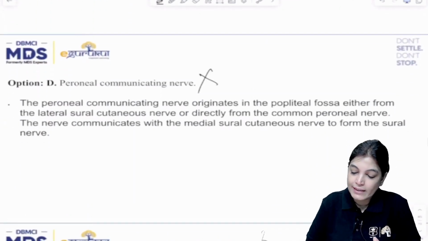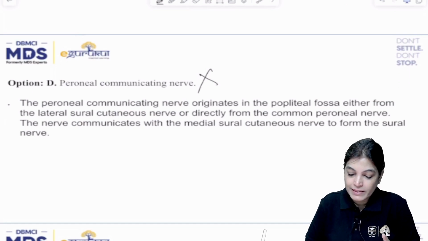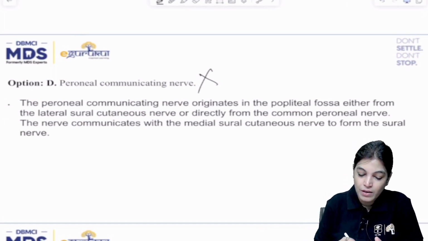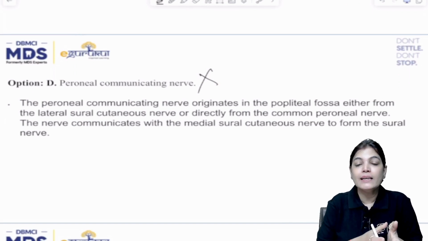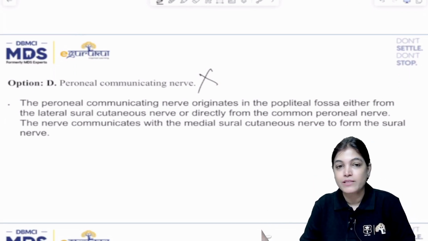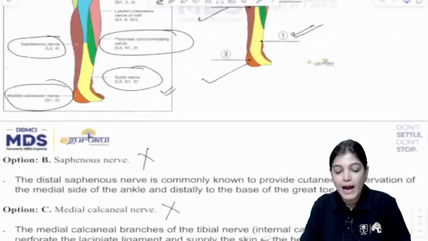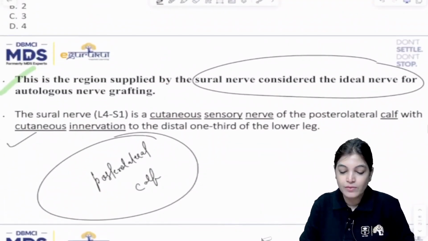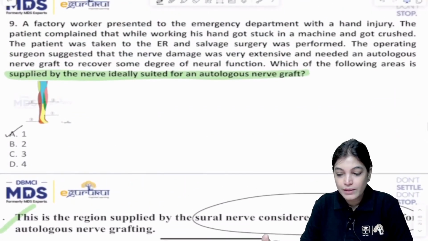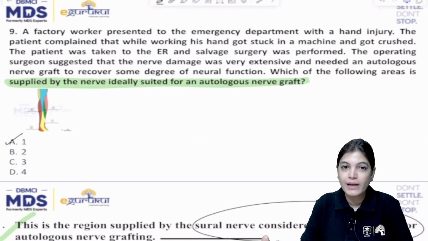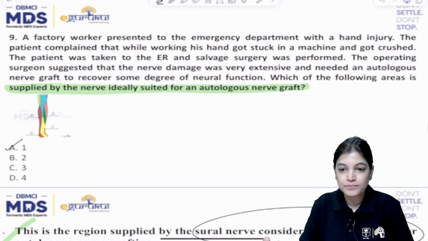Posterior communicating nerve is mainly originating in popliteal fossa and communicates with the lateral cutaneous nerve. Actually, ideally, the area which has been shown and which is used for the graft is the sural nerve, which is considered the ideal nerve for autologous nerve grafting. So we will go with area number 1 and A as the right answer.